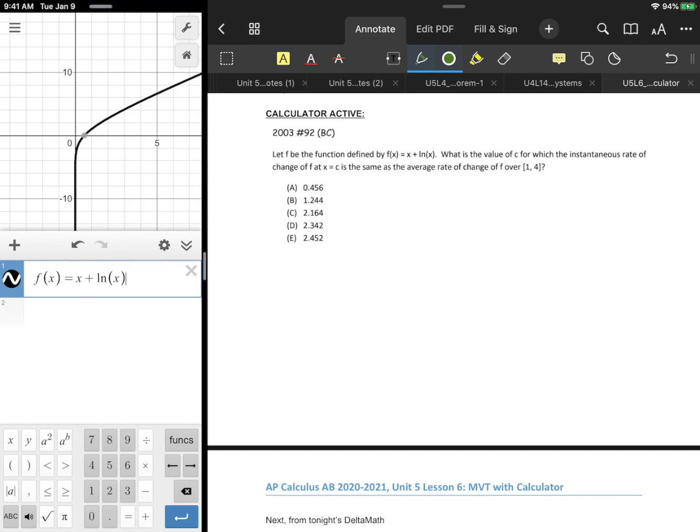What is the value of c for which the instantaneous rate of change of f of x at c? And so if I were to say what this is, the instantaneous rate of change of f at x equals c, that's a lot of words to mean one thing. That means f prime of c is equal to the average rate of change of f over 1 to 4.